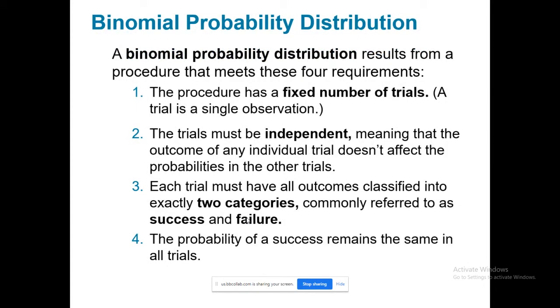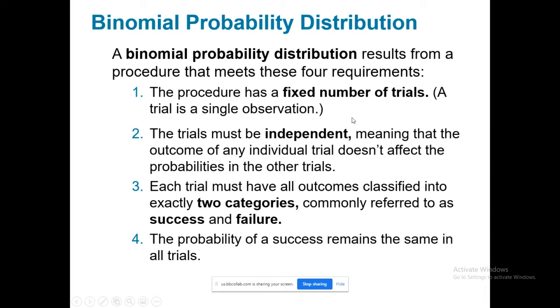Now here are the conditions for a binomial probability distribution to exist. Each binomial probability distribution must meet these four requirements. The first requirement is that the procedure has a fixed number of trials.